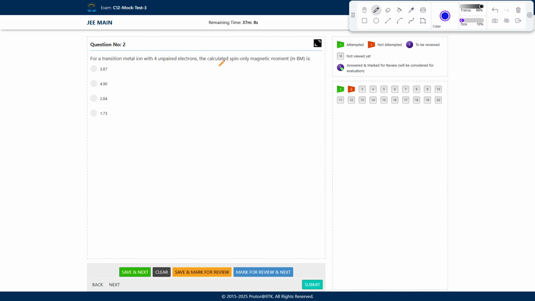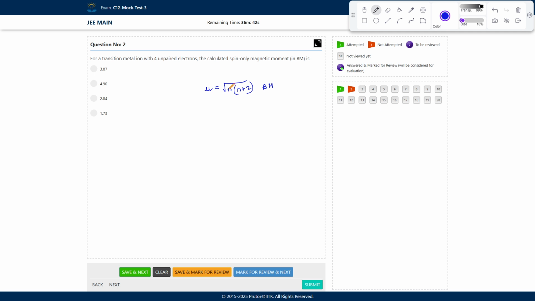You have to tell the spin only magnetic moment of that transition metal ion. So if you remember, the spin only magnetic moment formula is given by mu equals under root n into (n plus 2), right? This is the formula in Bohr magneton units. Using this we calculate the spin only magnetic moment for a transition metal ion.